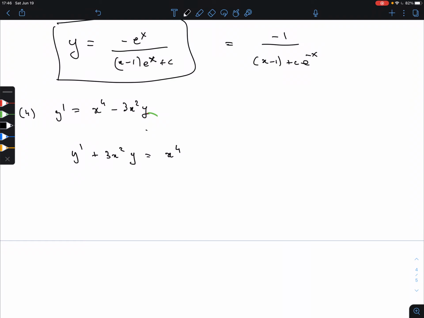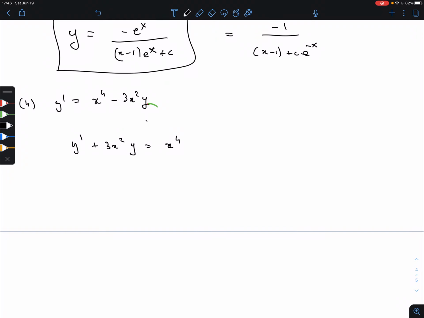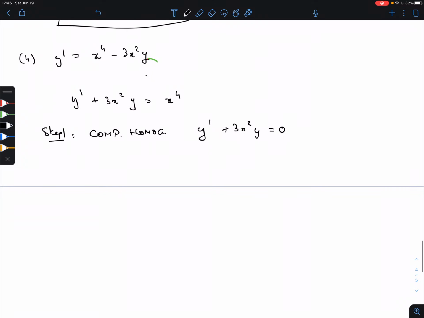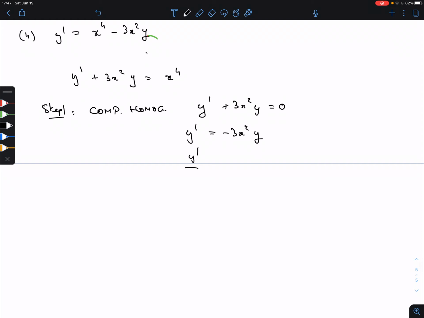Okay, so we know it's linear, so step 1 is the complementary homogeneous equation, that is y prime plus 3x squared y equals 0. We know this is separable. So we separate the variables this way, that is y prime over y is minus 3x squared, or perhaps dy over y is equal to minus 3x squared dx.